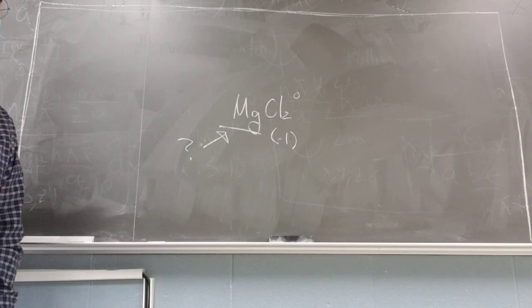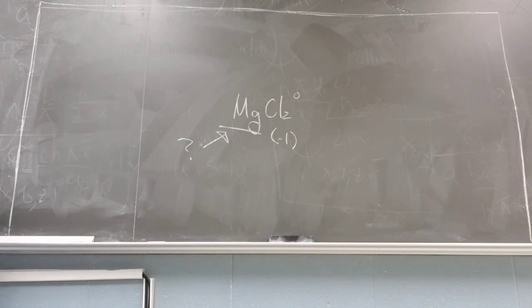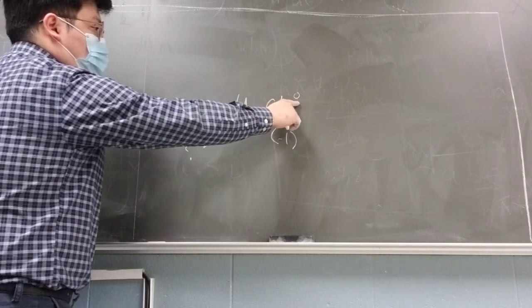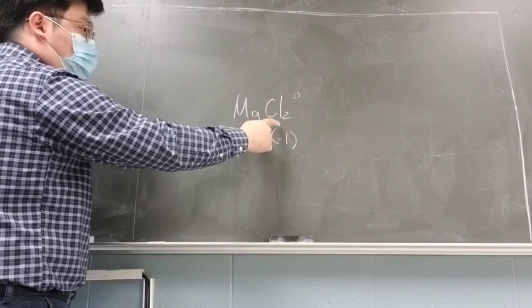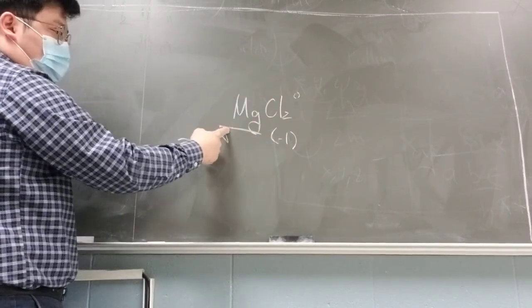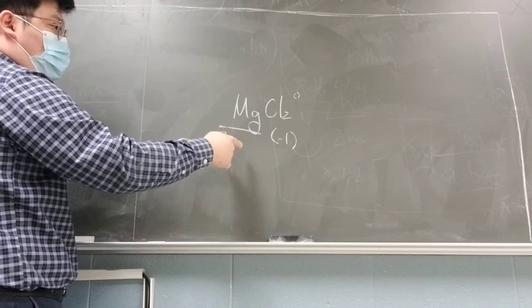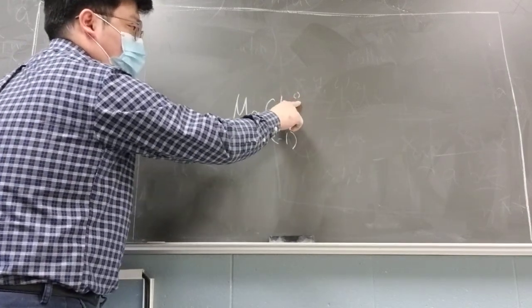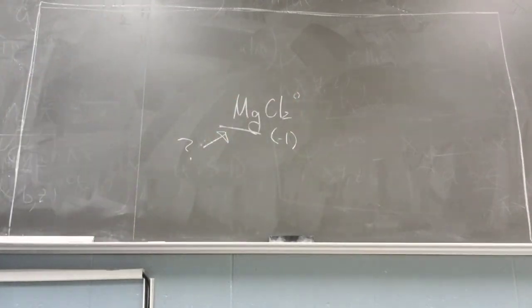Maybe 1 minute. This is quite simple, I think. The charge is 0 there. Each chlorine has -1, and this one is what we're solving for. In sum it has to be 0, which is neutral.